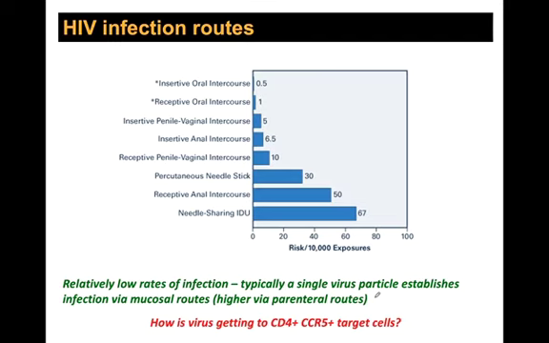It requires about 100 sex acts to get an actual infection of the uninfected partner. But it actually matters a lot how you're going to get it. Okay, so with oral intercourse, 1 in 10,000 will give you an infection of HIV. It can happen, but it's extremely rare.